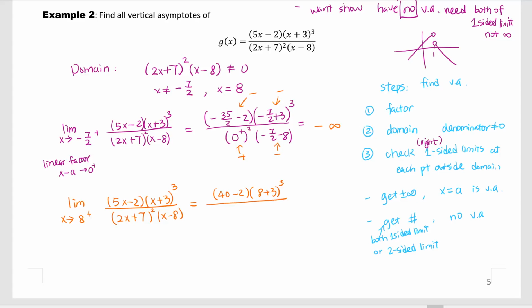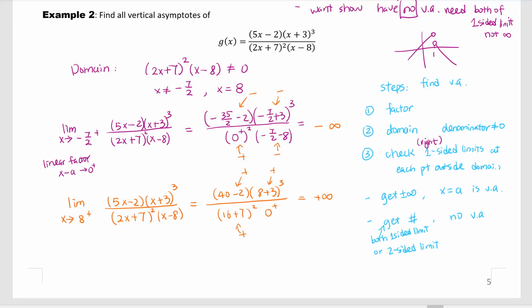You don't need to actually compute what it is for each factor. We just need to know whether it's positive or negative. Okay, so 2 times 8, 16 plus 7 squared. And then this guy is a 0, and we have 0 plus. Okay, so you see this guy is positive, this guy is positive, this guy is positive. So the answer is positive infinity.